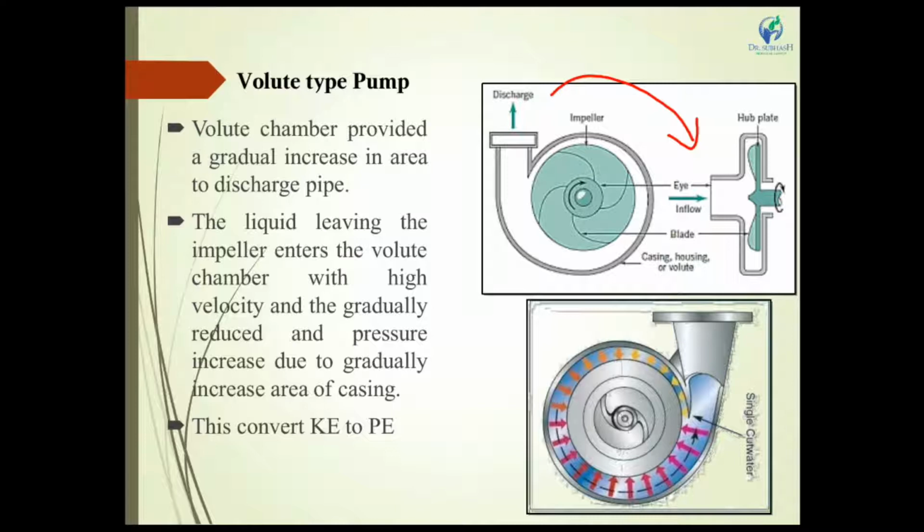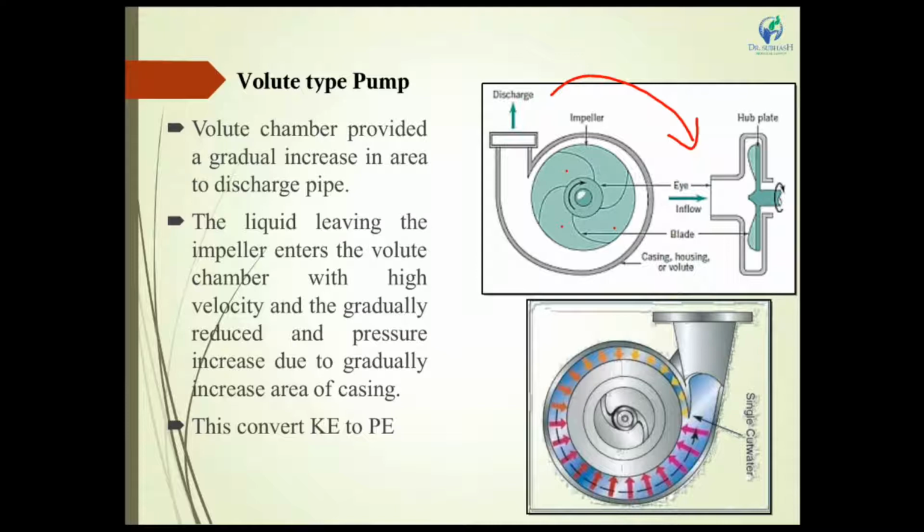Because we give it rotational speed, it creates a centrifugal force, and centrifugal force always opposes the center. So this type of pump creates a centrifugal force on the impeller side. That's why we call all this type of pump a centrifugal pump.